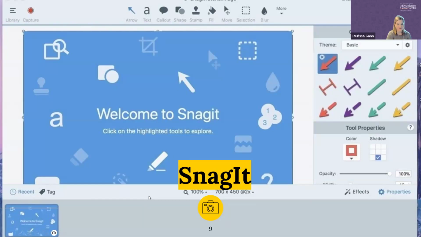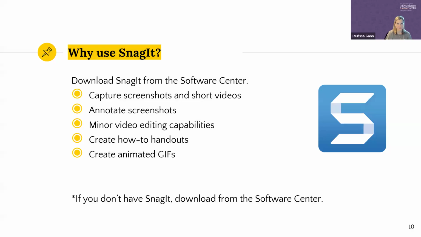So Snagit I've used for years and years, and probably many of you have as well. The advantage to Snagit is you have a lot more options for not only taking screenshots, but doing screen recordings and then editing those. So we're going to talk about some of those. You can download Snagit from the Software Center. You can capture screenshots, videos.